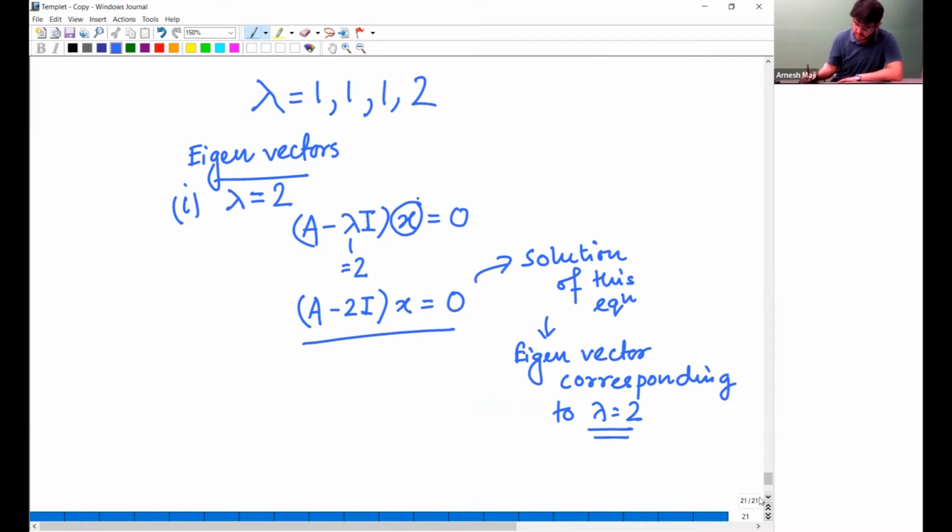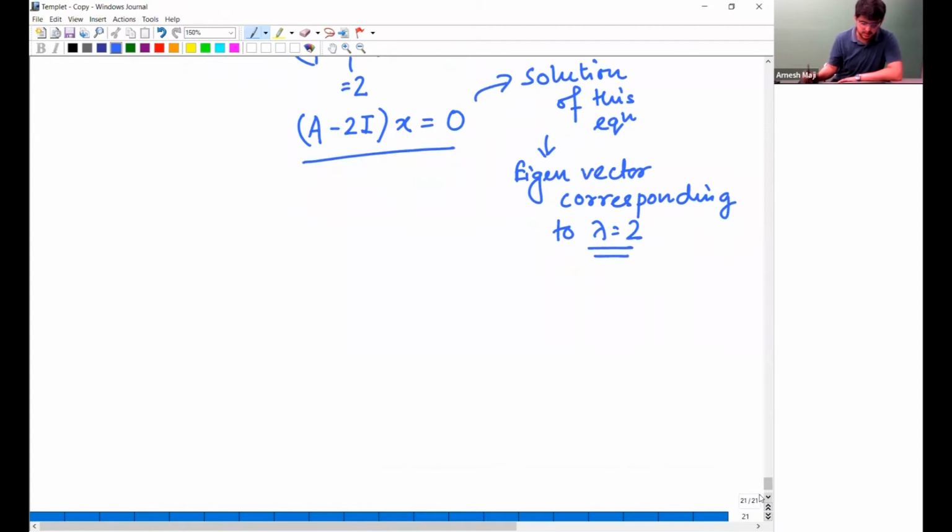It is a homogeneous equation and we have seen how to solve homogeneous equations. So this is the matrix where lambda is equal to 2.